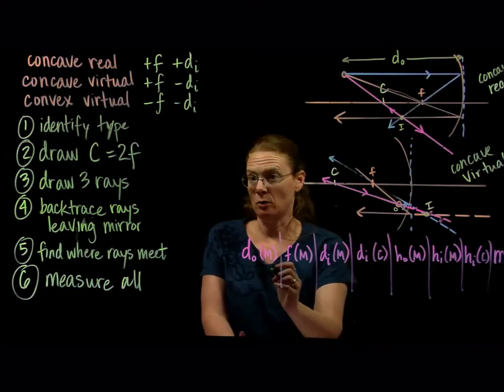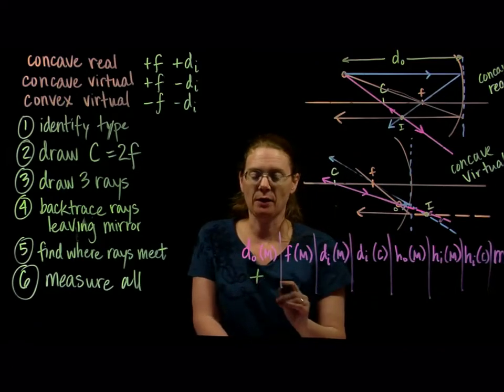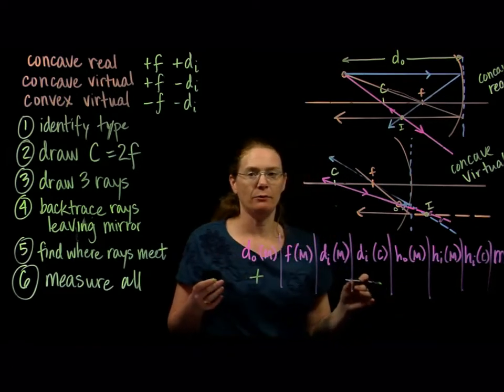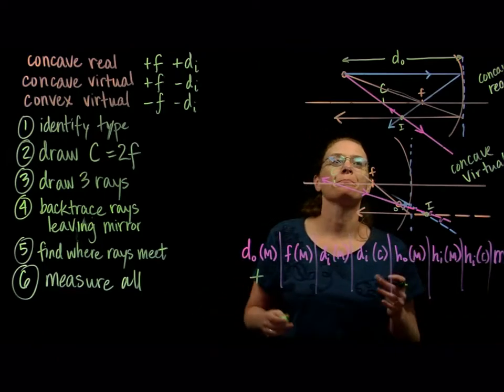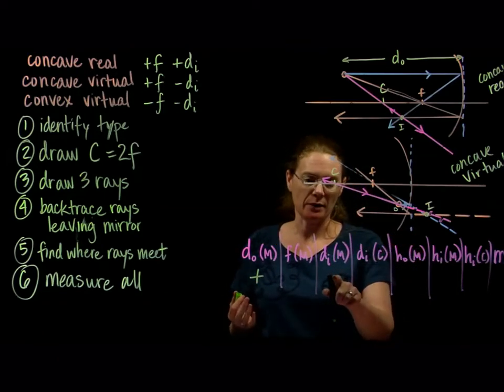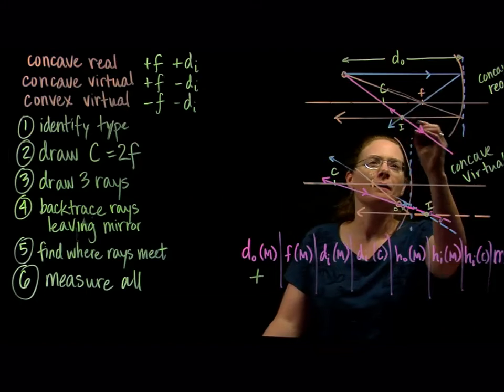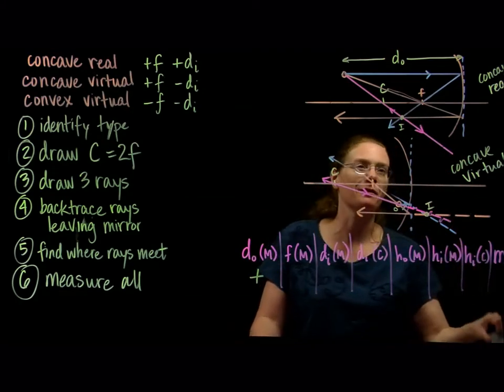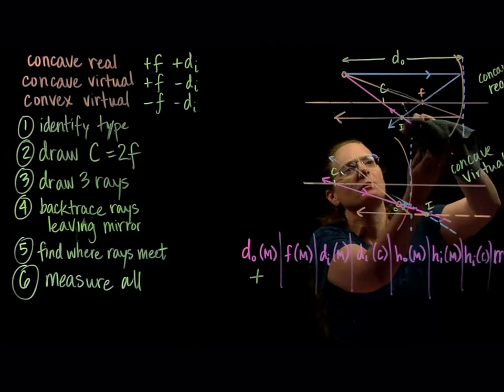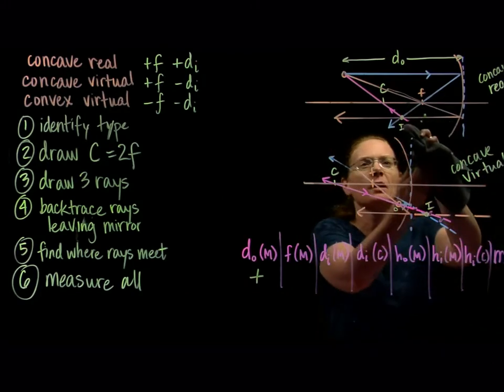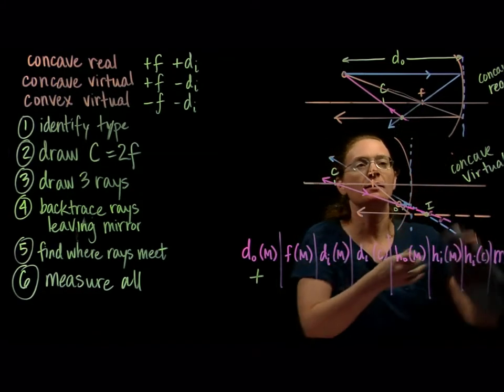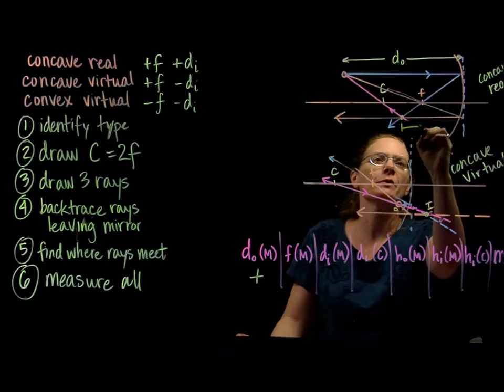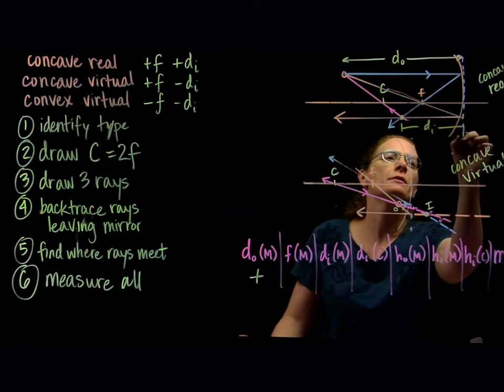And this is always going to be positive because we are always going to have an object that's in front of the mirror. Our image distance is the same horizontal thing. So our image distance is image to mirror. So DI is this right here.